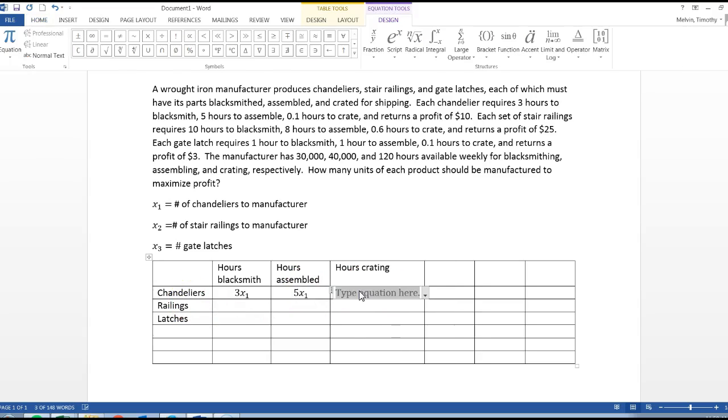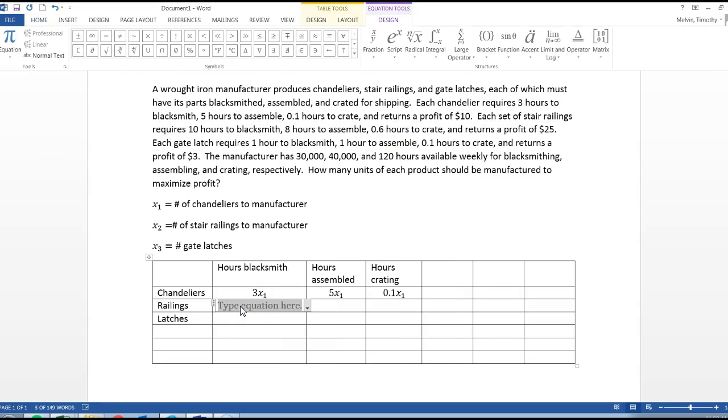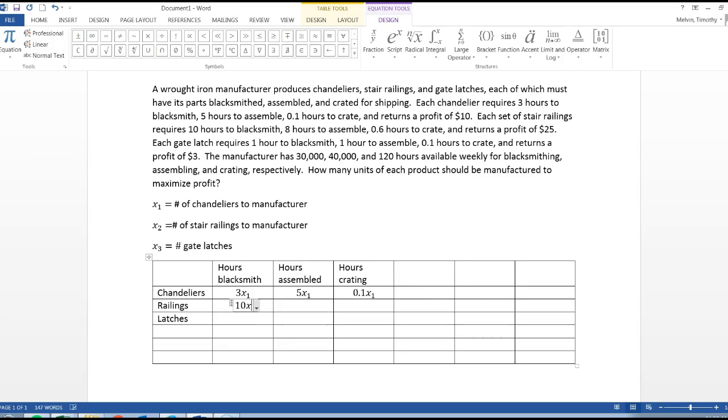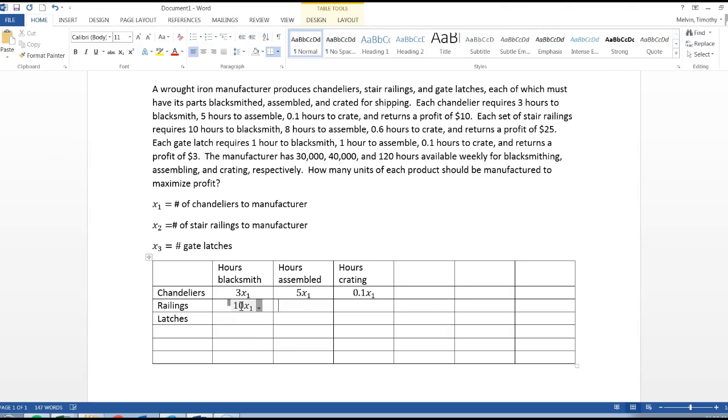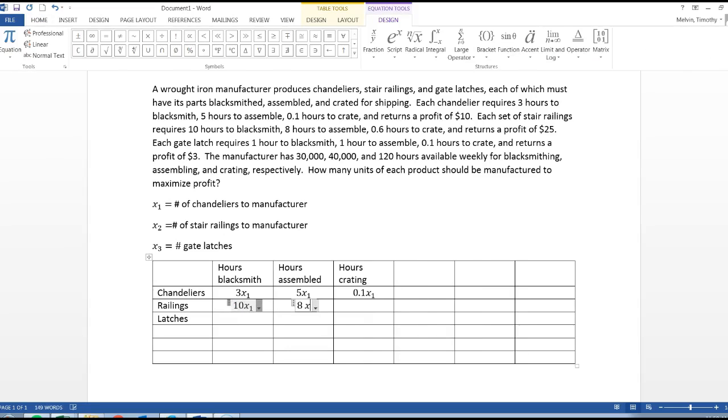And for creating, that's 0.1x1. Now the railings, that's up here in the second sentence. Each railing is 10 hours to blacksmith, 8 to assemble, 0.6 to create. So that was 10 hours to blacksmith and 8 hours.